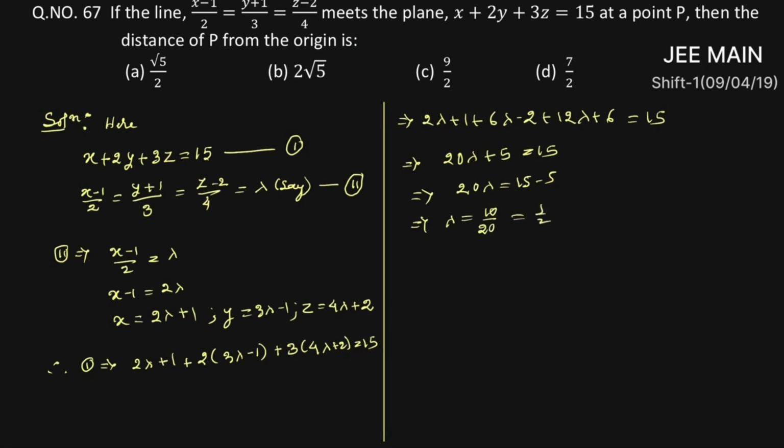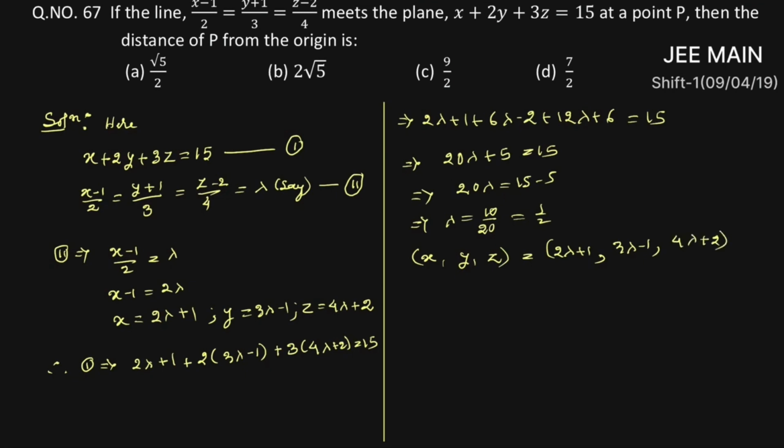Therefore, the coordinates of P, that is x, y, z, we are able to write as (2 lambda plus 1, 3 lambda minus 1 and 4 lambda plus 2).